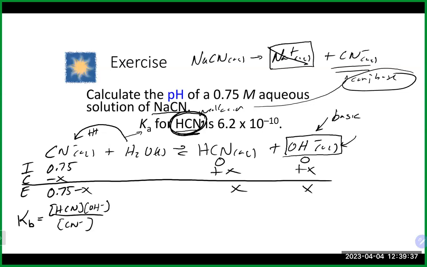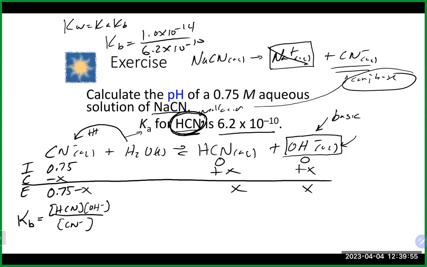To get that value, we need to once again use Kw equals Ka times Kb. So the Kb would be 1 times 10 to the minus 14, which is Kw, divided by our Ka that was given to us, 6.2 times 10 to the minus 10. That gives us a Kb value of 1.6 times 10 to the minus 5.